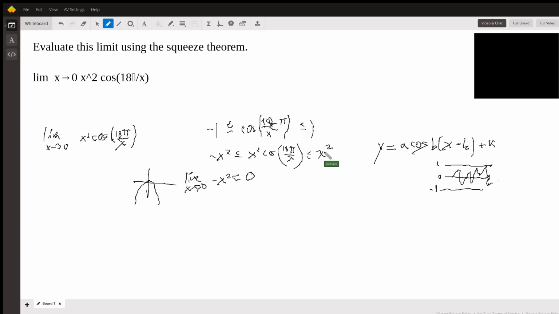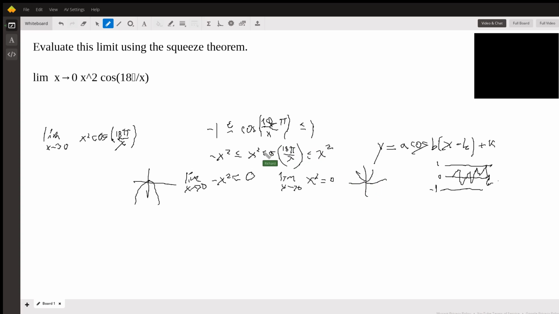And we'll do the same for this piece up here, the limit as x approaches 0 of positive x squared. That's going to be 0 as well. The curve here looks like this. So obviously that limit is 0.